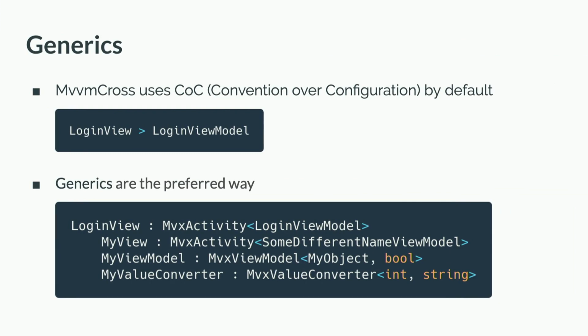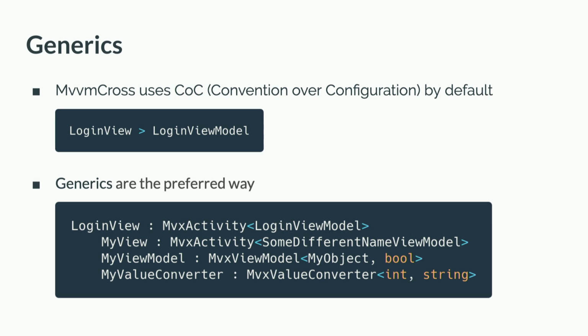So MvvmCross is based on conventions. I already told you what the main convention is. Everything starts with MVX, right? So another thing is that once you want to hook up your views to your view models, you can do two things. You can do it based on the name. So LoginView will automatically connect to LoginViewModel.